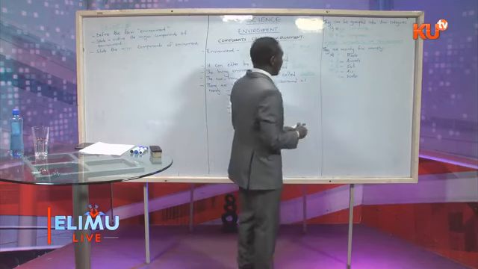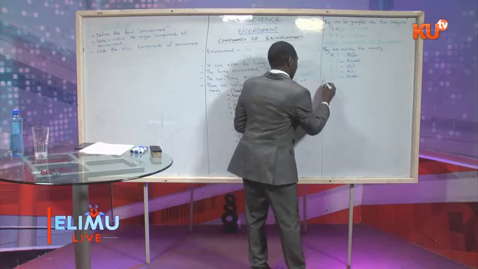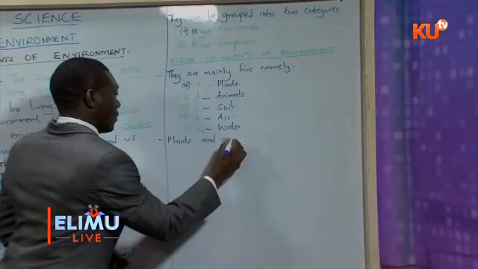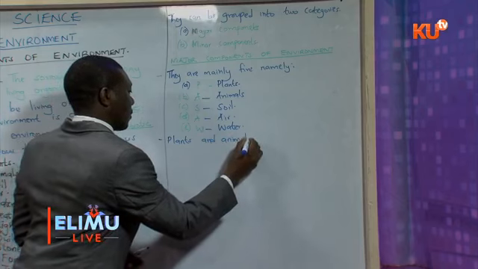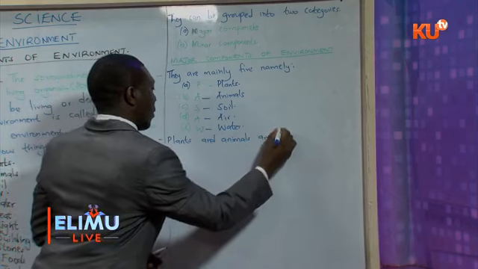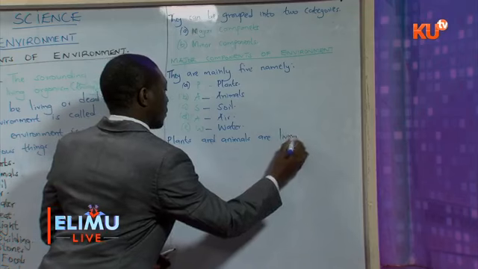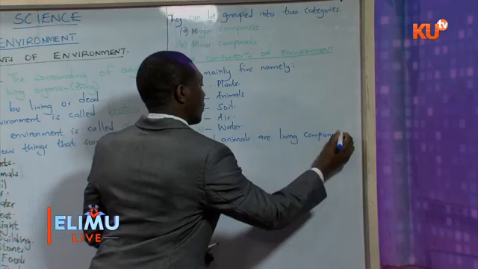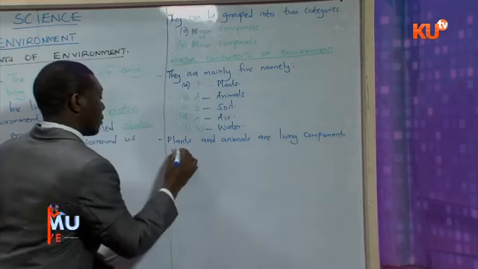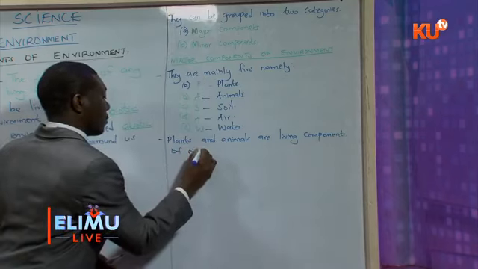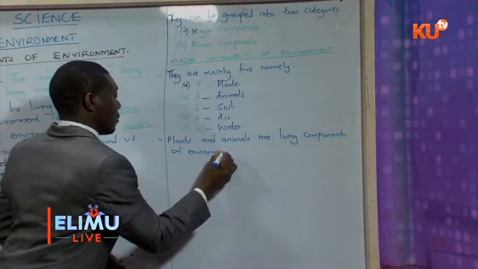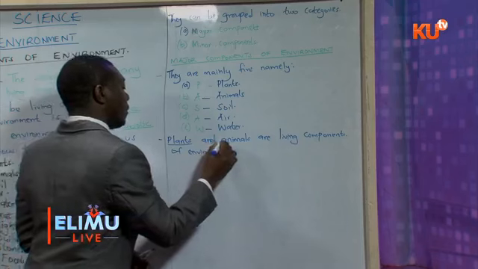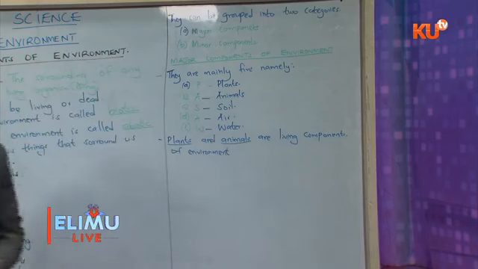So you realize that plants and animals are the living components of environment. So the living components of environment, mainly we have got plants and animals.